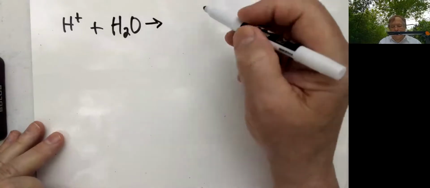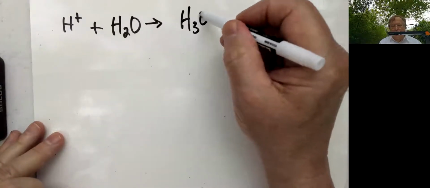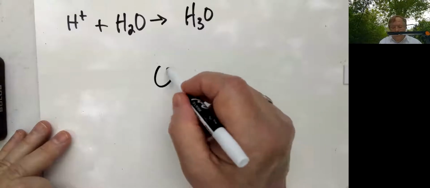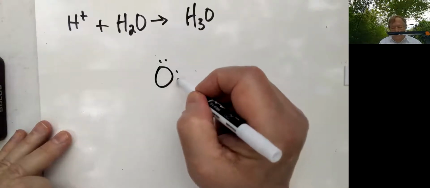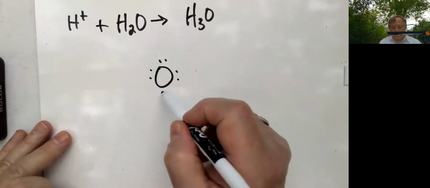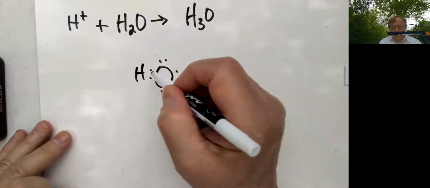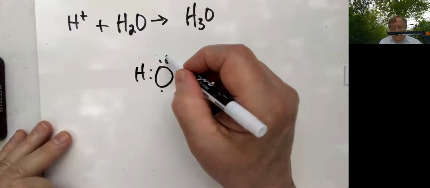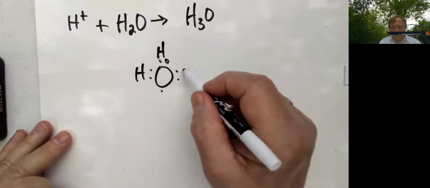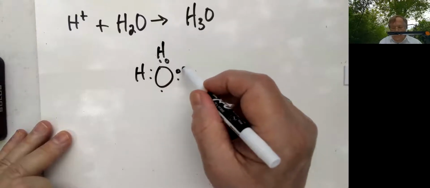It becomes H3O. So what that looks like, let's put a hydrogen there, and a hydrogen there.